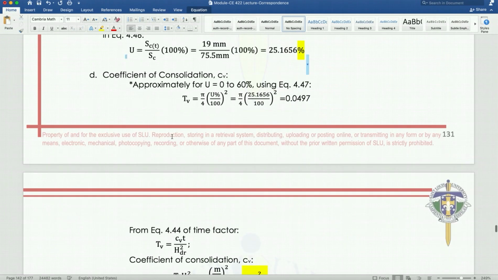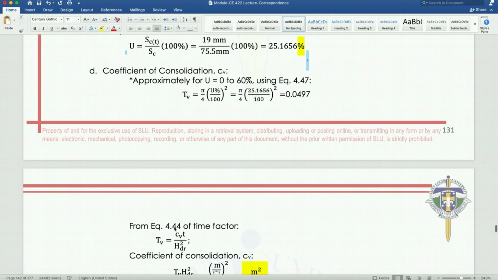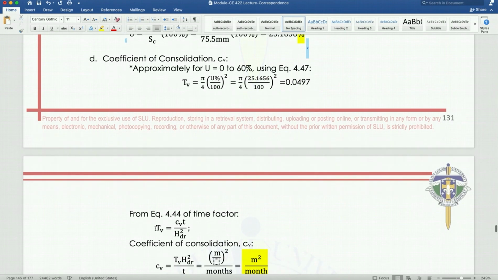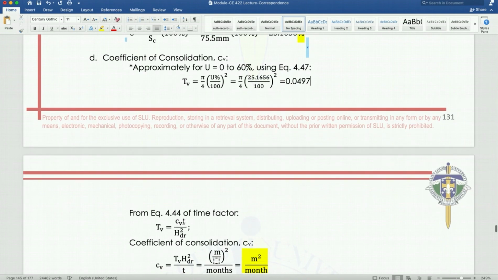Then from equation 4.44, we can now have T_v equivalent to C_v times t over H_DR squared. So we can now solve for our coefficient of consolidation using equation 3.4, because we already have T_v, we know H_DR, we have the time.